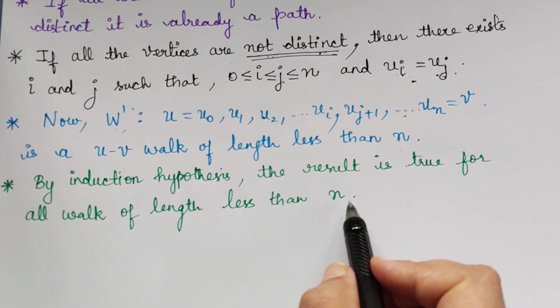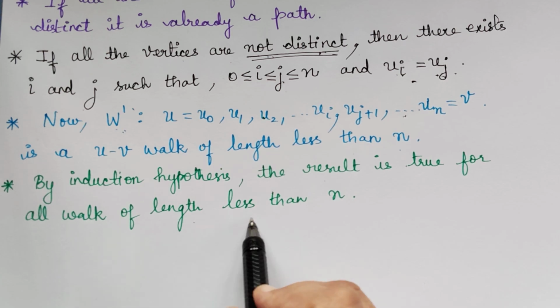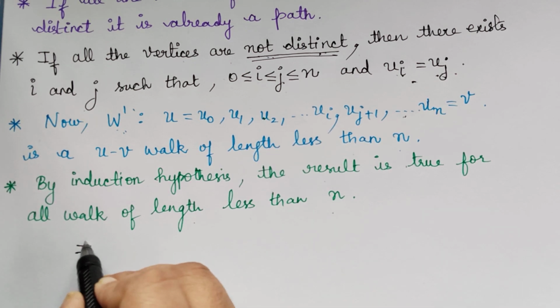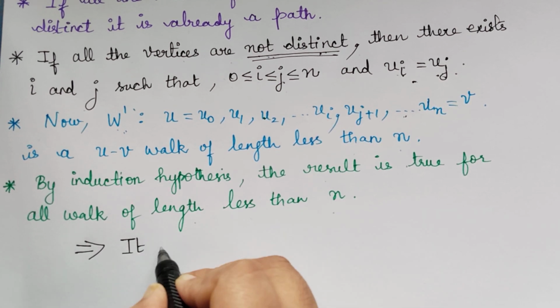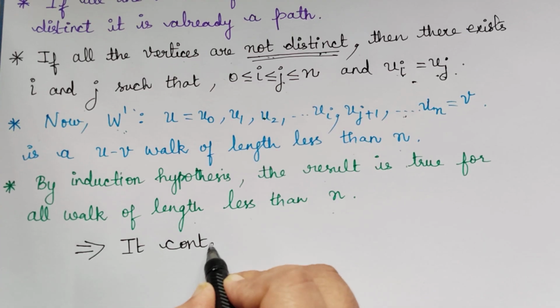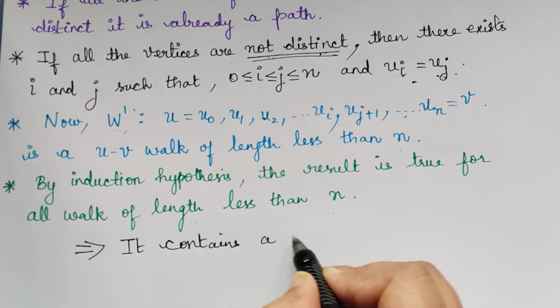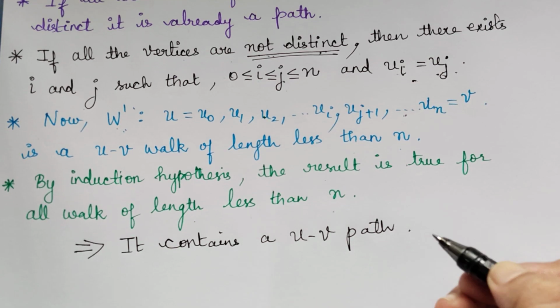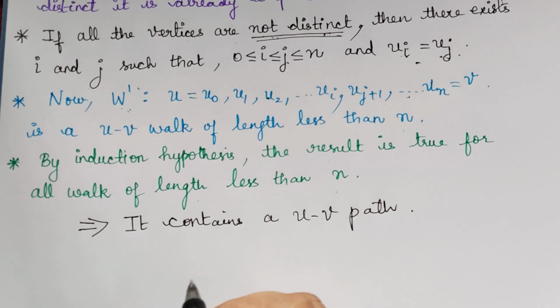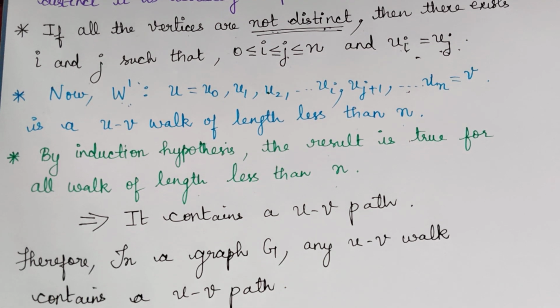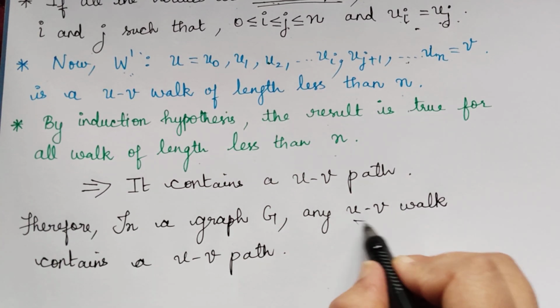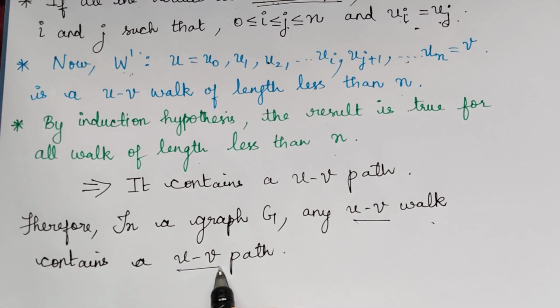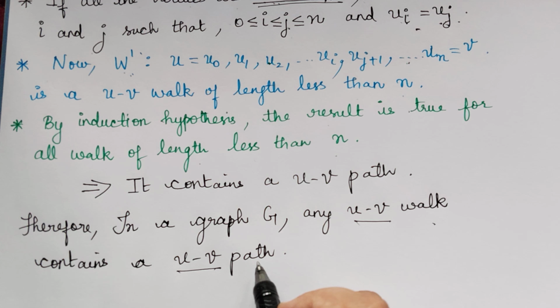Since the result is true for all walks of length less than n, it implies that this walk contains a uv path, which is what we have to prove. And hence we have proved the required theorem. Therefore in a graph G, any uv walk contains a uv path. Hence we have proved.